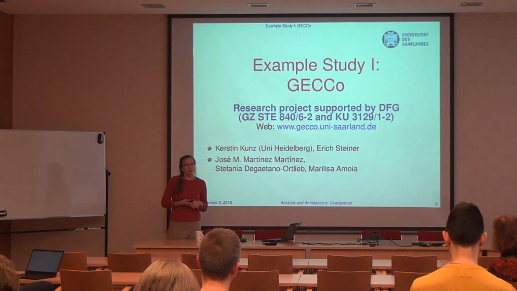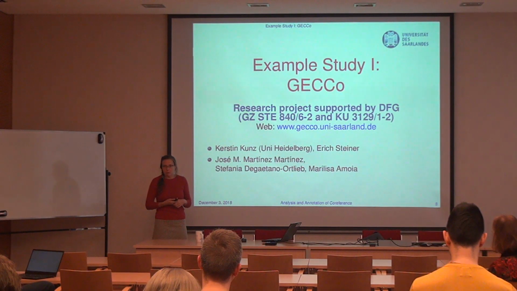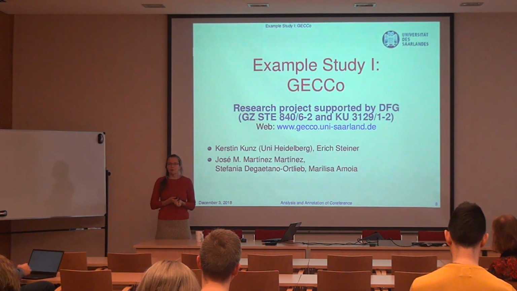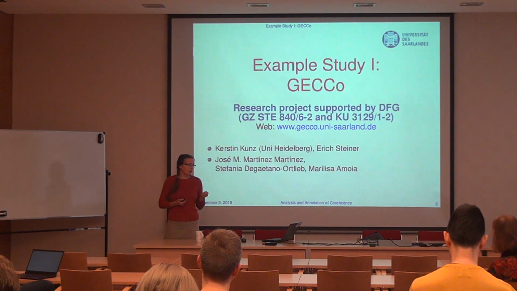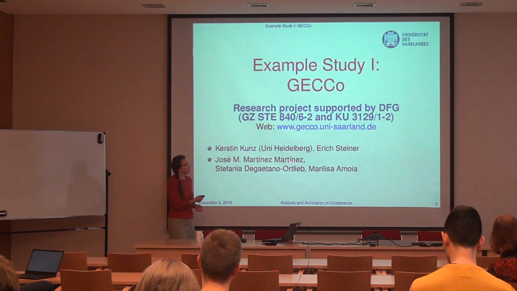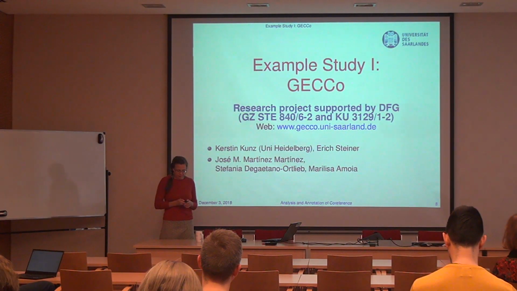And the project ran for 5 years in Saarbrücken. We had funding for 5 years from Deutsche Forschungsgemeinschaft, the German funding society, and it was not only me, but also my colleague Kerstin Kunz, who moved to Heidelberg University, and then Erich Steiner, and some further colleagues involved there.